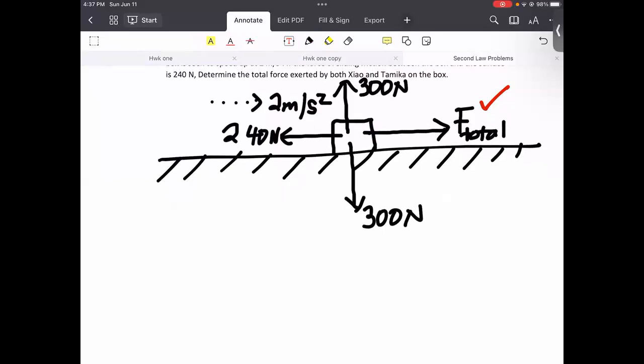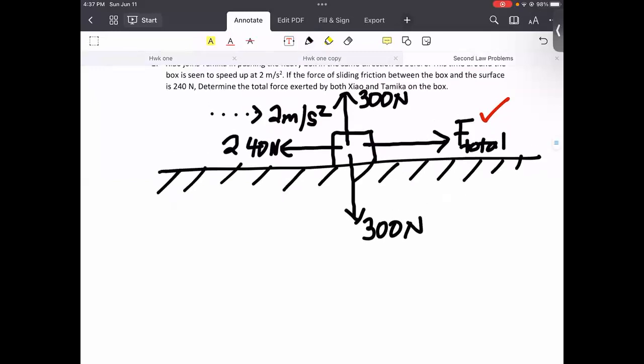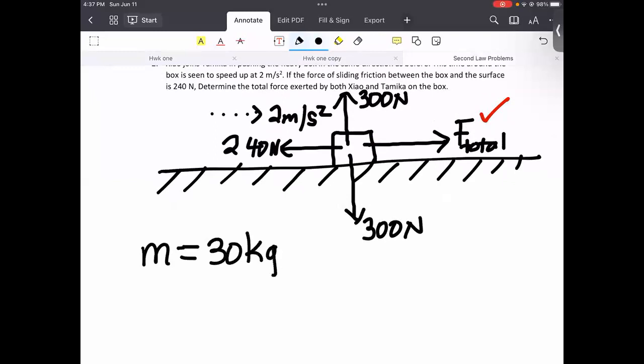So we just have to write here that the mass is 30 kilograms. So we have the mass, we have the acceleration, and therefore we can find the net force.